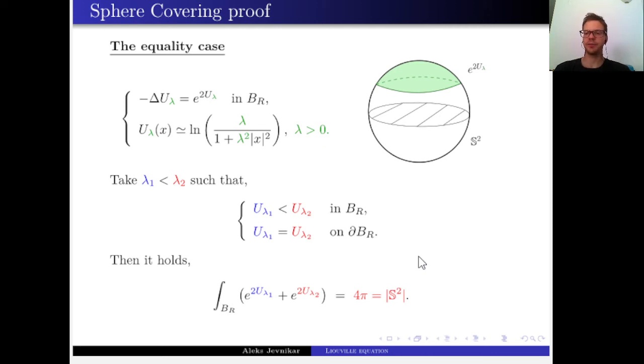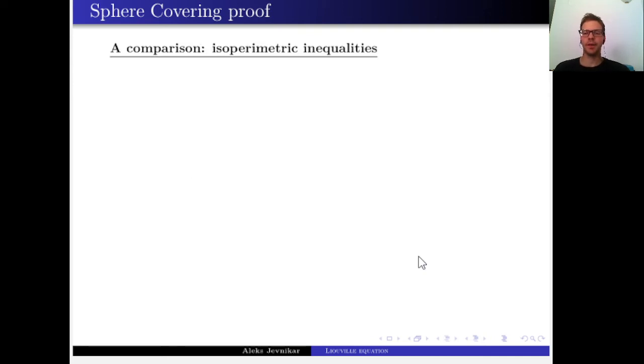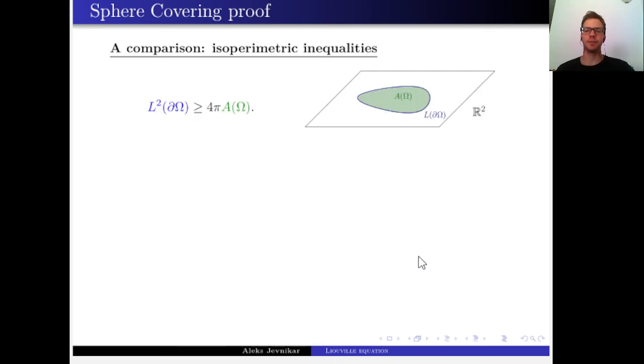result. All right, so the idea now is in general to make a comparison with this equality case and see that in all the other cases you will have bigger or equal than the area of the sphere. So let's see how you make the comparison. So to make the comparison you need isoperimetric inequalities. So let me recall what is the standard isoperimetric inequality in the plane.